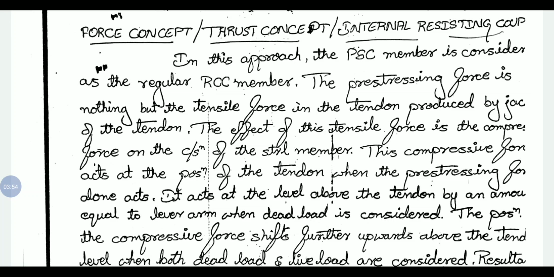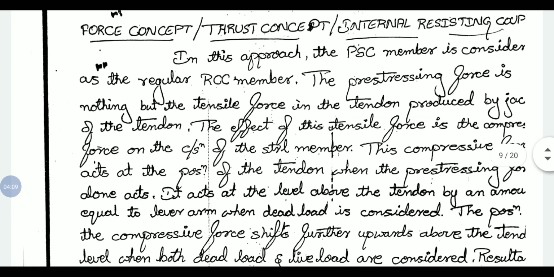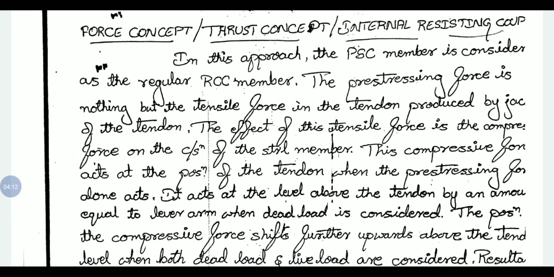After casting, when the concrete hardens and you release the steel after applying the tensile stress, it will try to come back to its original position. During that time, in hardened concrete, the same tensile force in the steel or tendon in turn applies the compressive force on the concrete member.